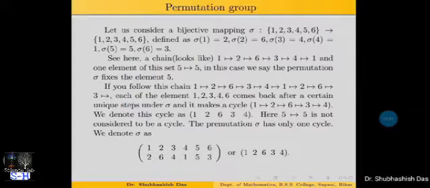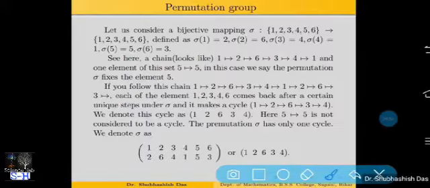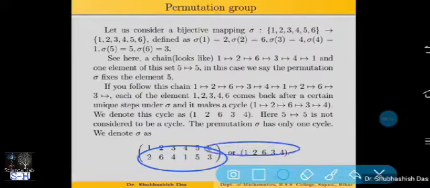We denote this cycle as this. Here 5 goes to 5 is not considered to be a cycle. In this case, sigma has only one cycle. We denote this permutation as this or as this. Both are the same.